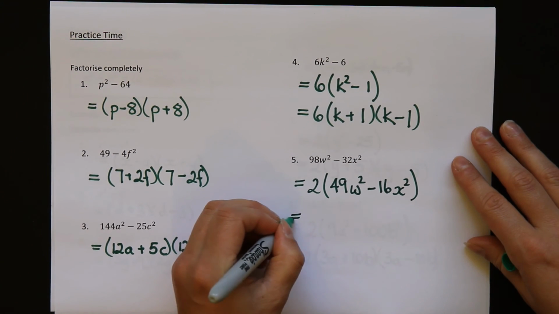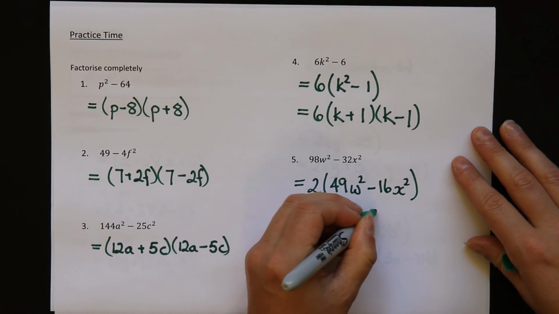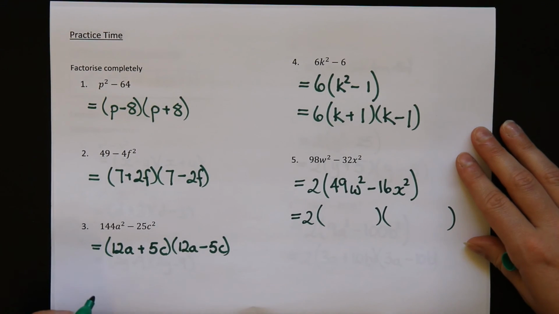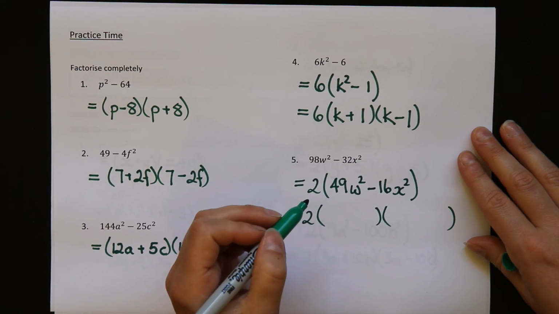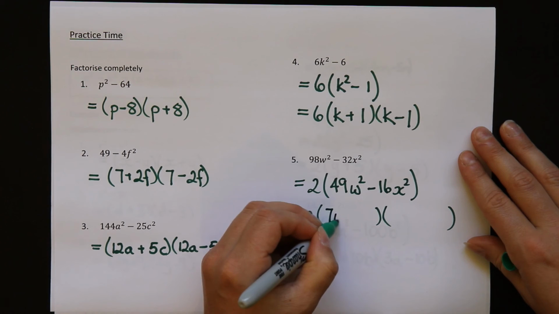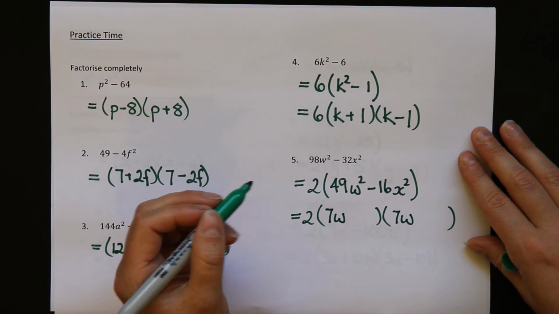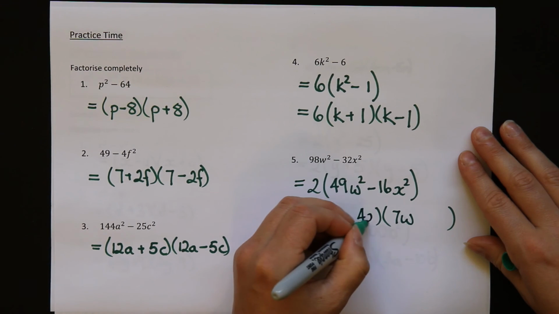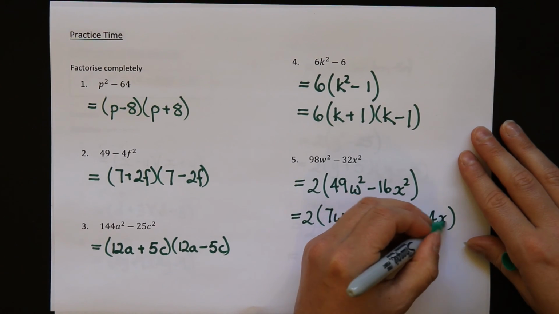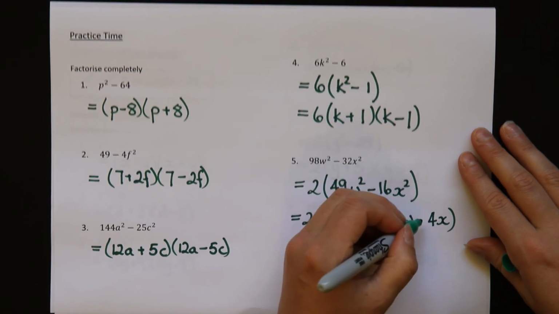Alright, then we can leave our 2 at the front, have our double bracket. 49w squared, square root of that is 7w. And the square root of 16x squared will be 4x. Okay, one's a plus and one's a minus.